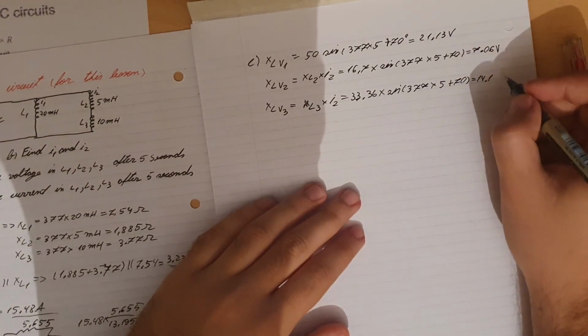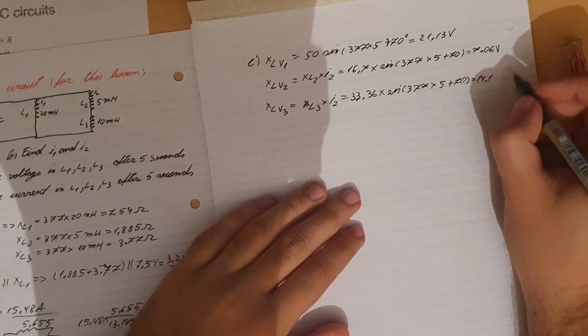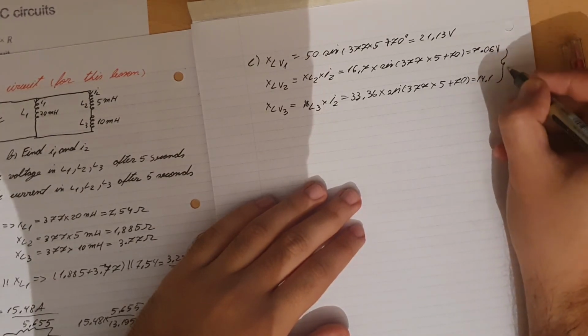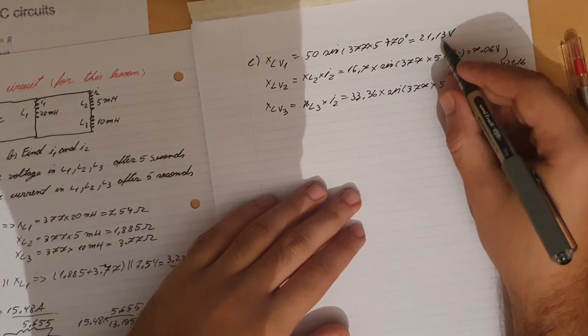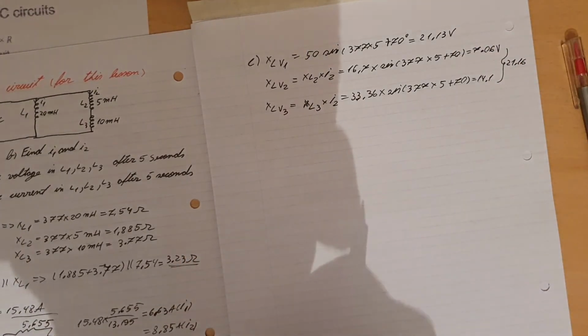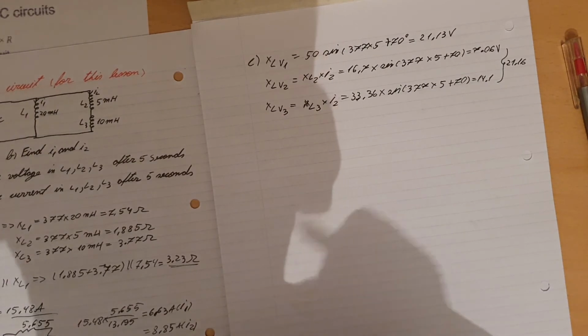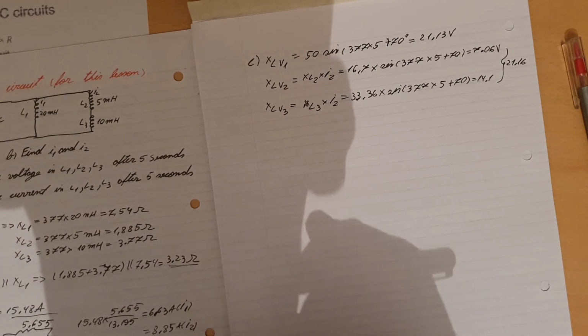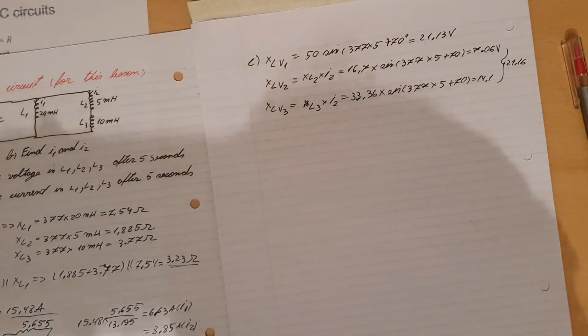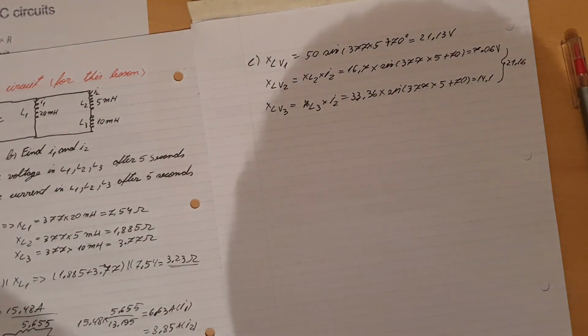And then if we add them together, there's a small difference between them. This one will be 21.16 while this one is 21.13. It's not that much of a difference, so we can say that yes, it's still correct, because I either rounded them up or I rounded them down.